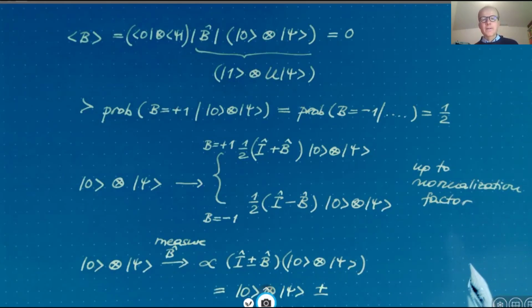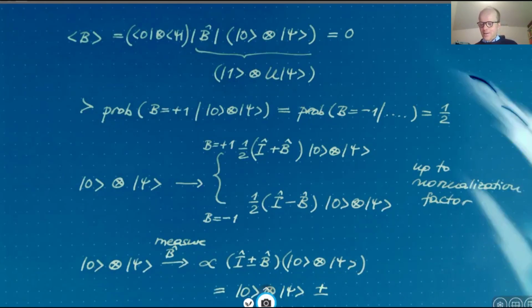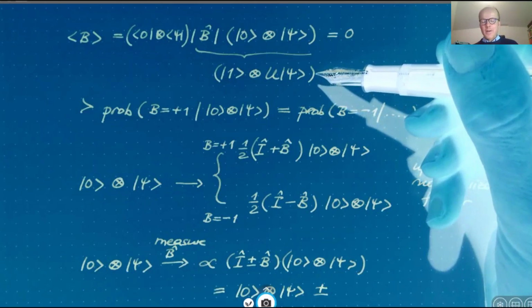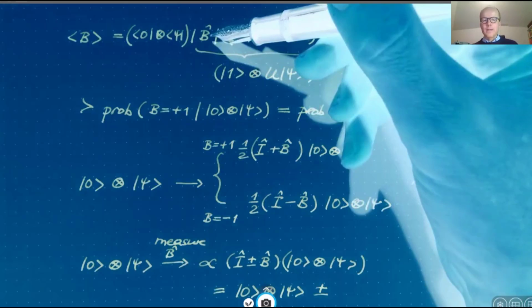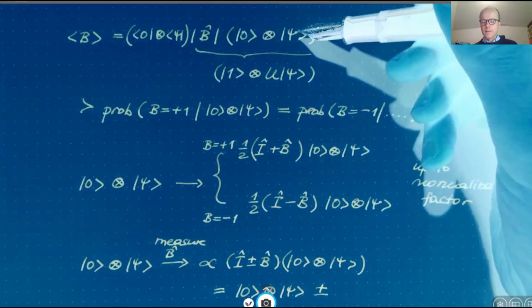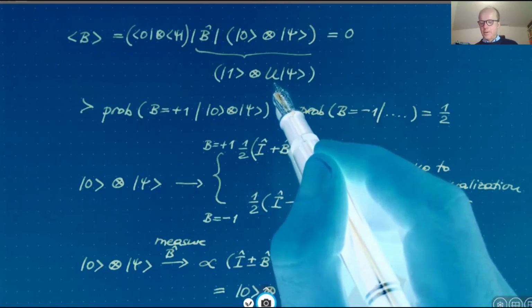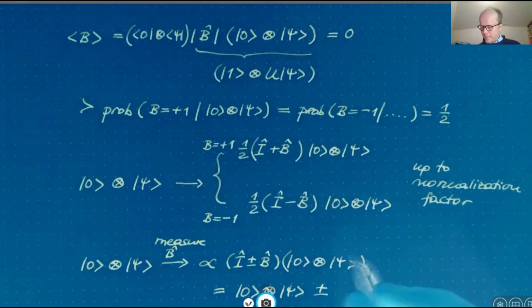And here we use, once again, our earlier result. The effect of the operator B on this tensor product is basis state 1 tensor U psi. So here we have 1 tensor U psi.